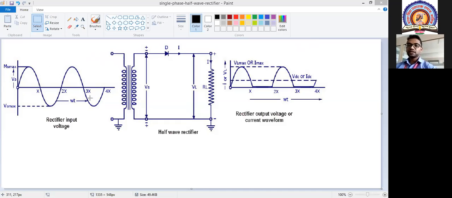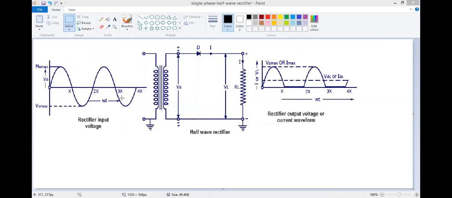Here we'll see that the output shown is a pulsating DC signal. In a half-wave rectifier, as you can see, this sinusoidal AC wave is the 230 volt mains AC supply.